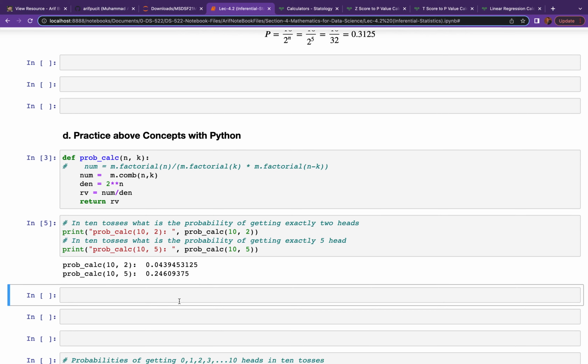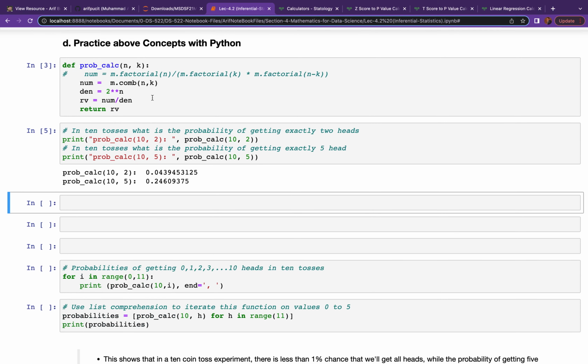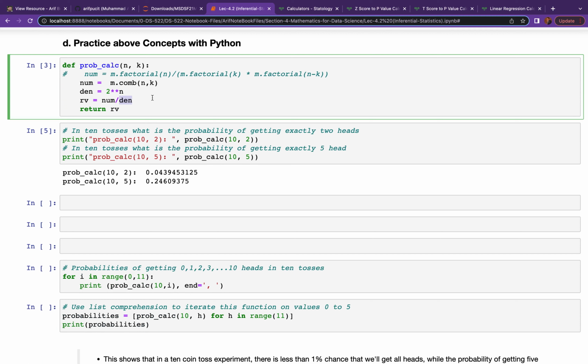Okay, so before I proceed, let me use this function in a loop or in a list comprehension to calculate 11 different probabilities of getting 0, 1, 2, 3 and so on to 10 heads in a 10 coin toss experiment.